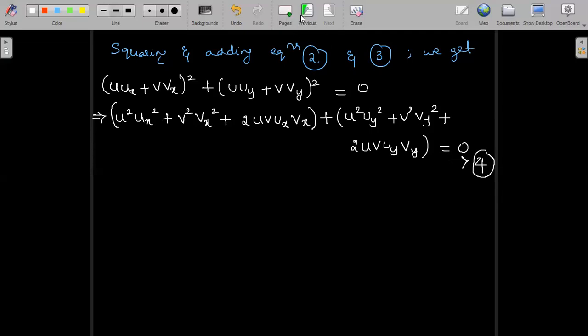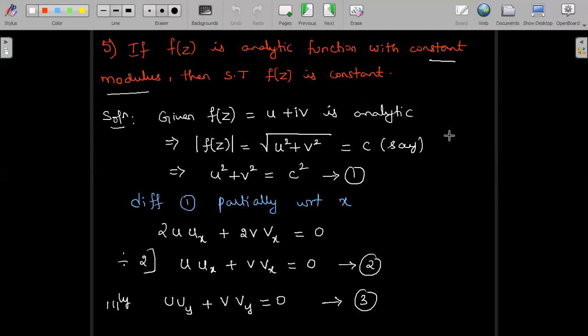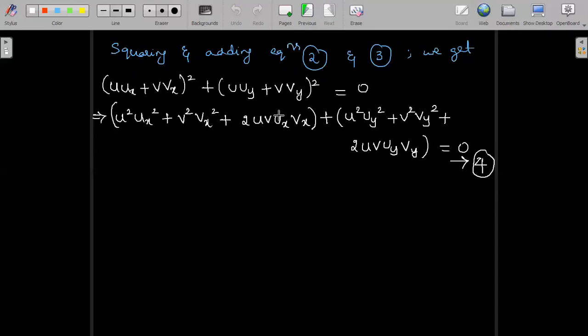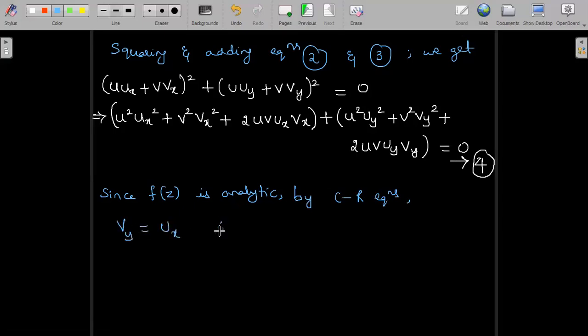because I'll be in need of this after using CR equations. It is given that f of z is analytic, so I can use CR equations at this stage now. So let us write on the same thing. Since f of z is analytic, by CR equations, we have ux is equal to vy and vx is equal to minus uy.